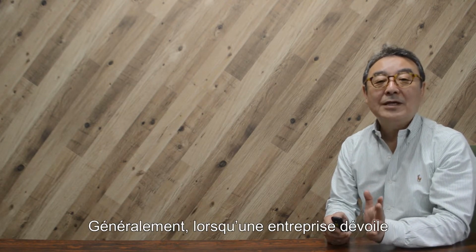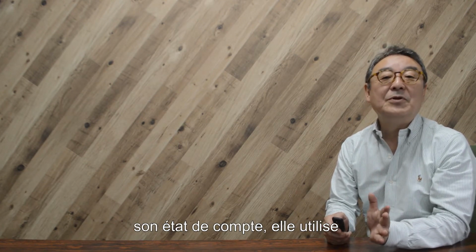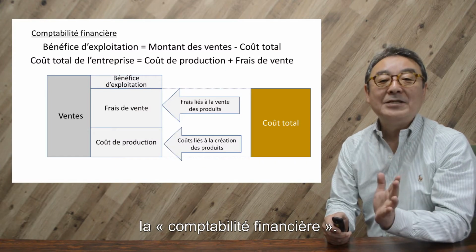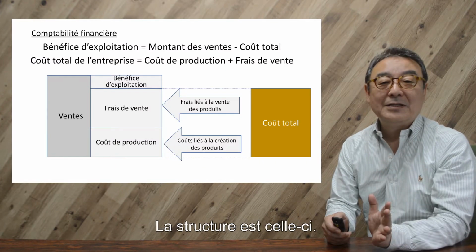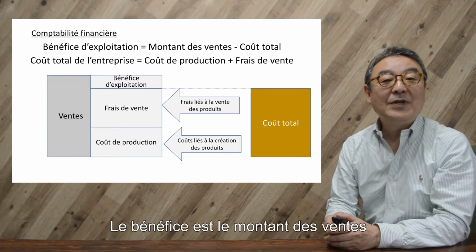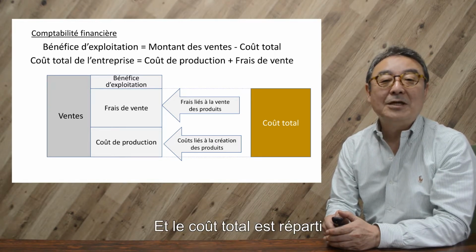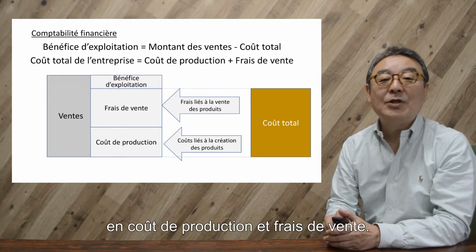Generally, when a company shows their accounting status, they will use financing accounting. The structure is like this. The profit is sales amount minus total cost. And total cost is divided into production cost and sales expenses.